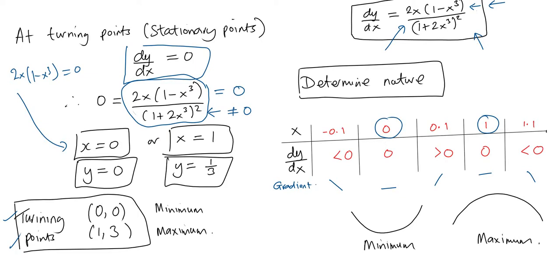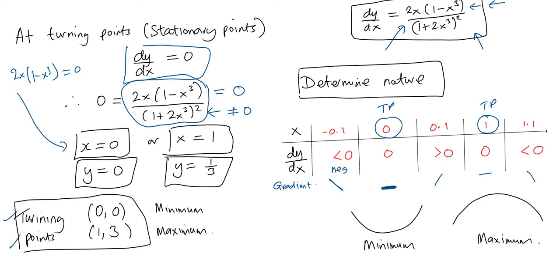So if you put a value in just below x equals 0, because these are the two turning points, I've used minus 0.1 or any number that's just below 0, and you find out that it's less than 0, it's negative, so that means that the gradient will go this way before the turning point. You know that it's flat when it's at the turning point.